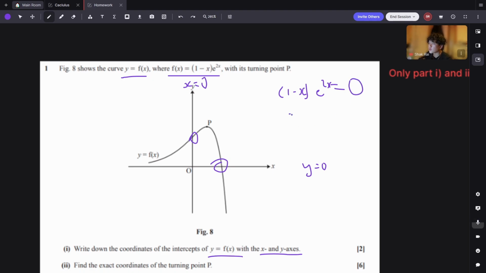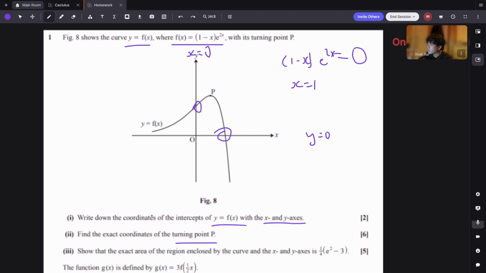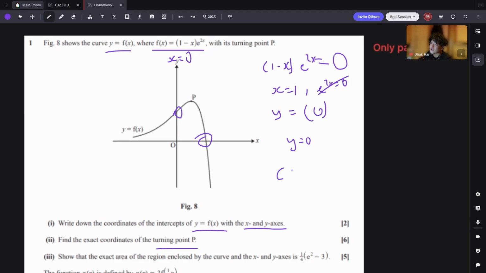So the first one is x equals 1, and the second one is when e to the power of 2x equals 0. Well, obviously e to the power of 2x can never be 0, so the only time this is going to be 0 is when x equals 1. So y equals 1 minus 1, which is going to be 0. So the coordinates of the x-intercept are 1 and 0.